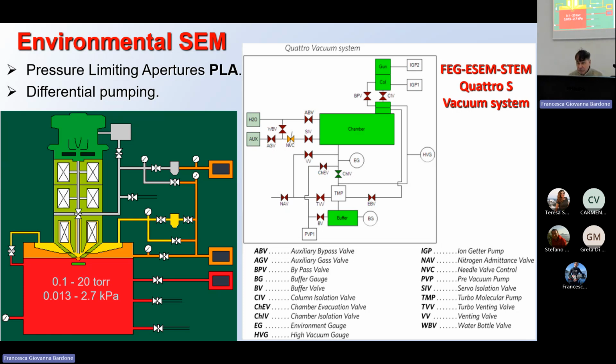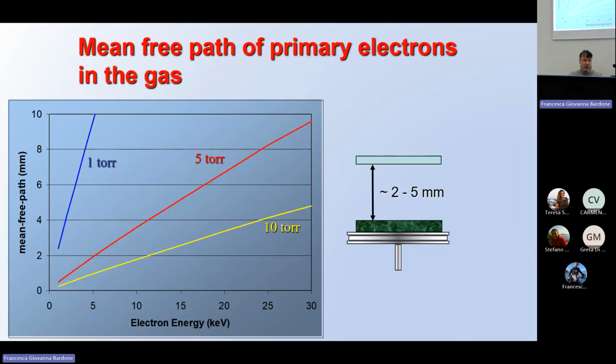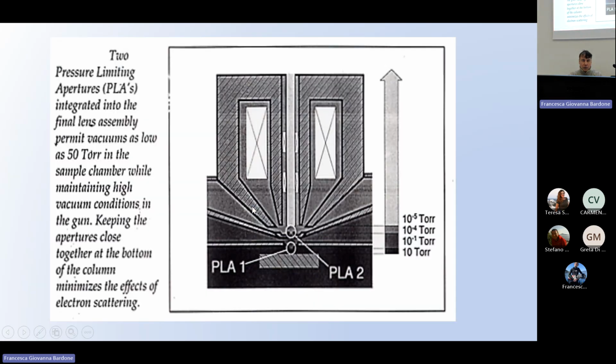This is the construction of a typical field emission, high vacuum and low vacuum environmental SEM. You can change the pressure, you can change the temperature. The only thing is to try to keep very close the distance between the sample and the final aperture of your material. This is a magnification of the last part of the instrument.